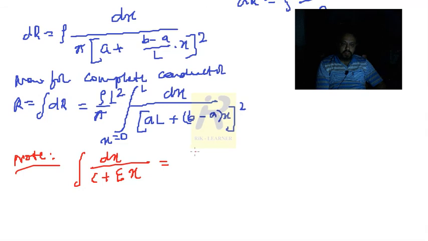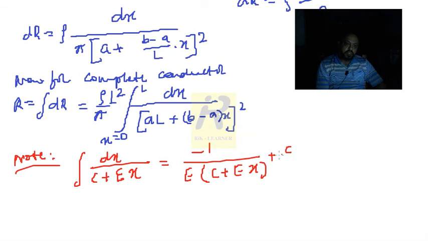This will be equal to minus 1 divided by e into (c plus ex), plus C. This C stands for some constant. Usually we forget it here because when x is equal to the initial value, the beginning constant becomes 0. So that I am not going to express here.